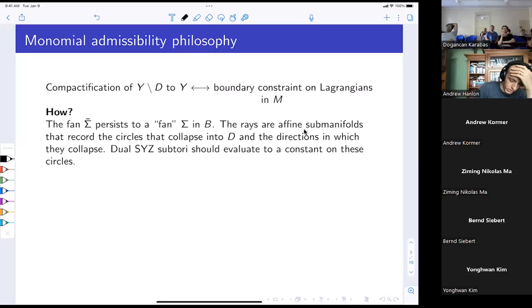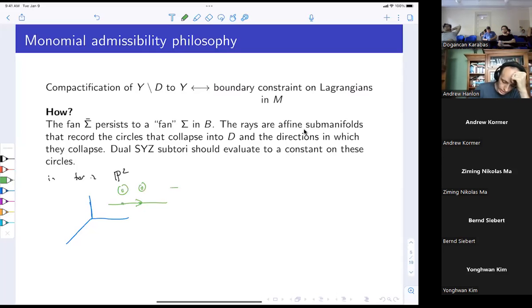So, for example, in a toric P2, if I draw the fan like this, so I have these rays, what this tells me is that if I go off to infinity parallel to this ray, then over all these points I have a torus, and they limit to some circle that sits in the divisor at that point.